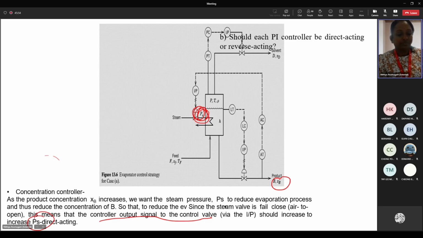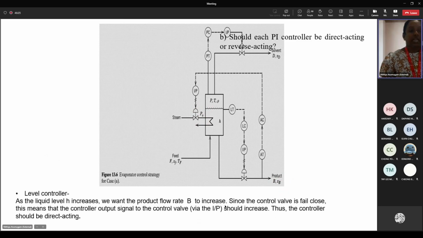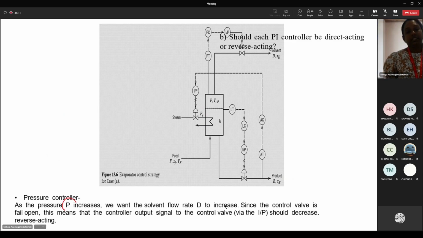For the pressure PI controller, as the pressure increases, we want the solvent flow rate to increase as well so that it can balance itself. Since the control valve fails open, if the pressure increases the controller output signal to the valve must decrease.